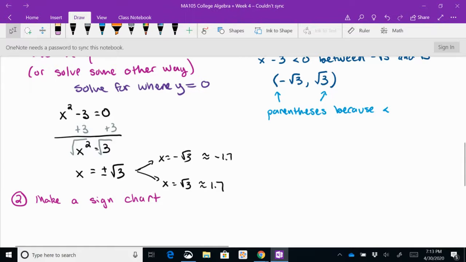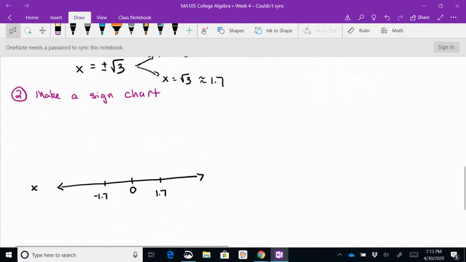So because we have a less than, we're going to draw dashed lines, because that's telling us that these values don't count. These are where it's equal to 0 and we want to know where it's less than 0. So we're just indicating that our endpoints don't count. I've just separated this out.